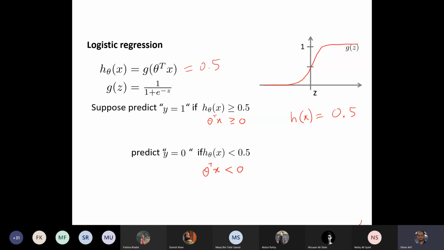Because this is the question. When theta transpose x is 0. Okay, this z is basically theta transpose x. So when theta transpose x is 0, you get 0.5. If theta transpose x is greater than 0, your prediction would be greater than 0.5. If theta transpose x is less than 0, your prediction would be less than 0.5.